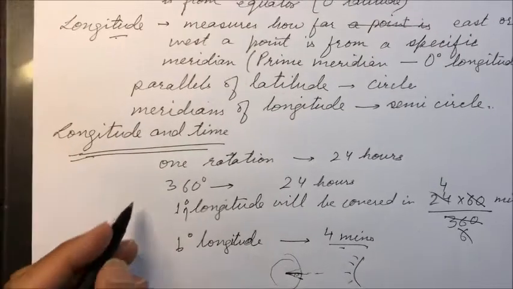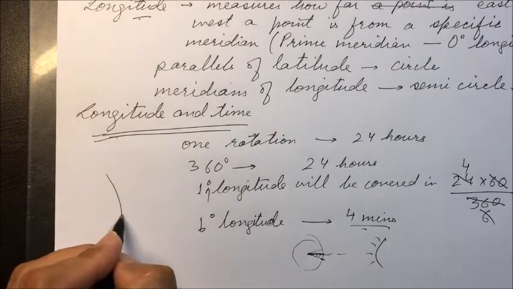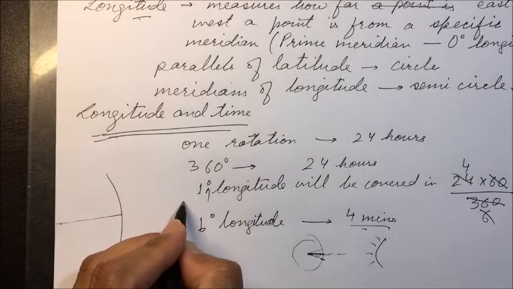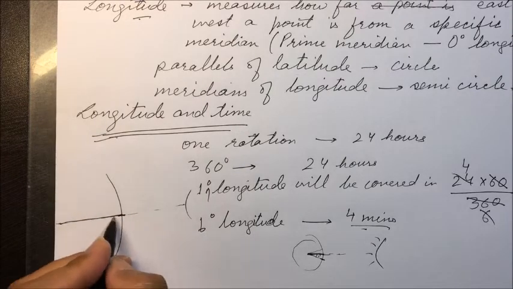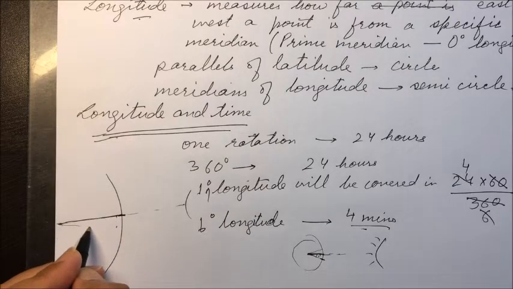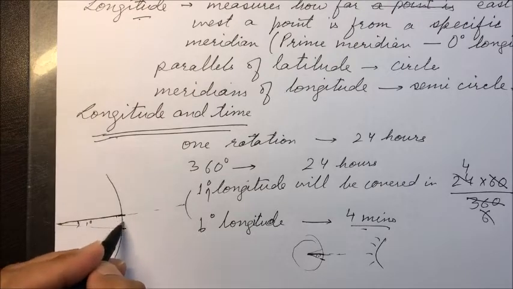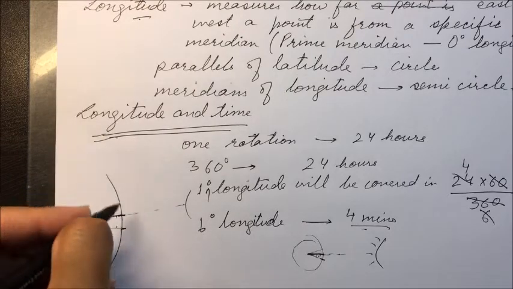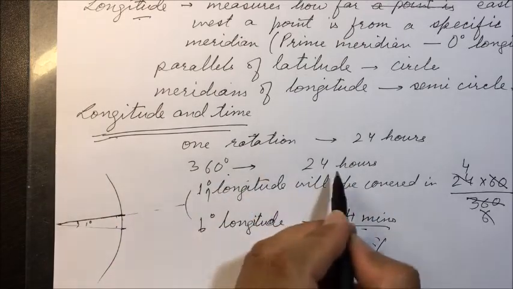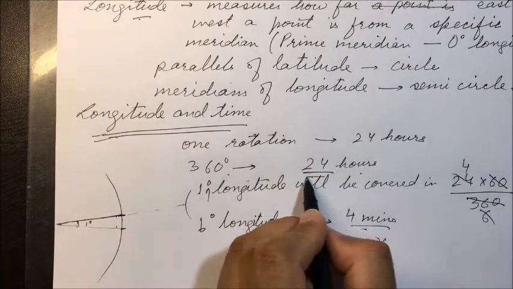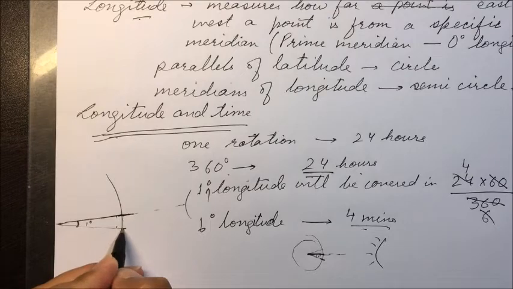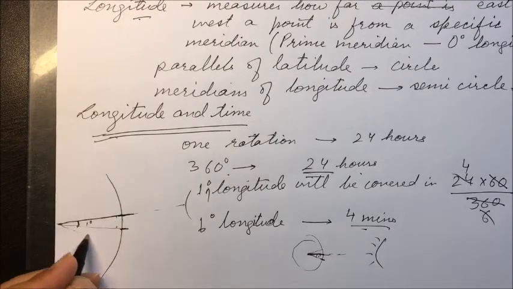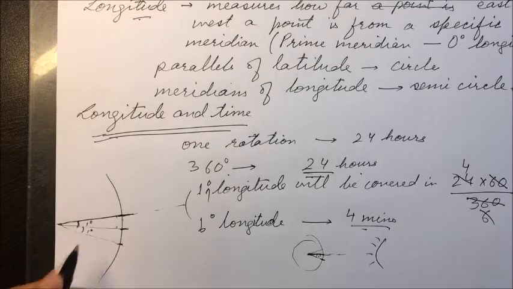So the sun travels 1 degree in 4 minutes, and as such it covers 360 degrees in 24 hours, that is the complete earth. After the next 4 minutes the sun will be overhead here, 1 degree each.